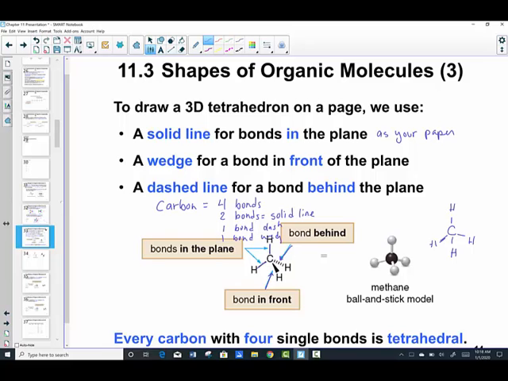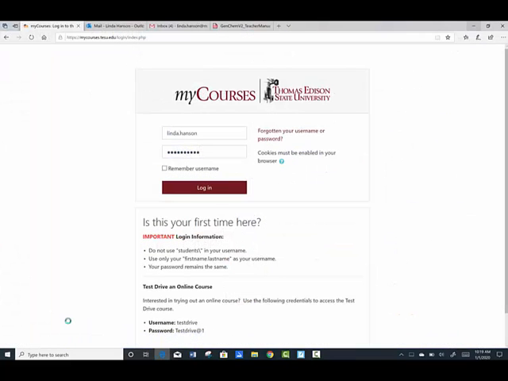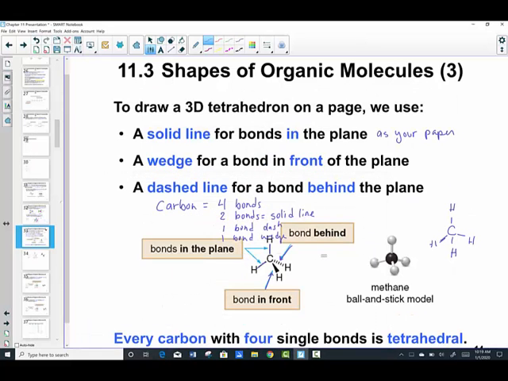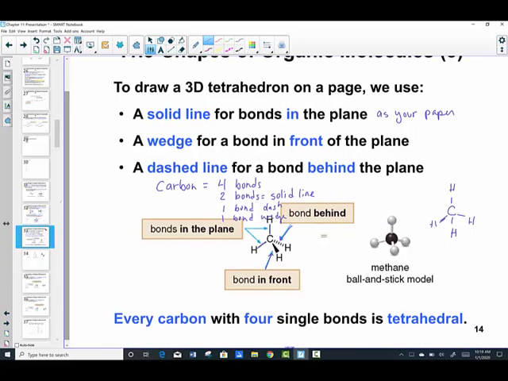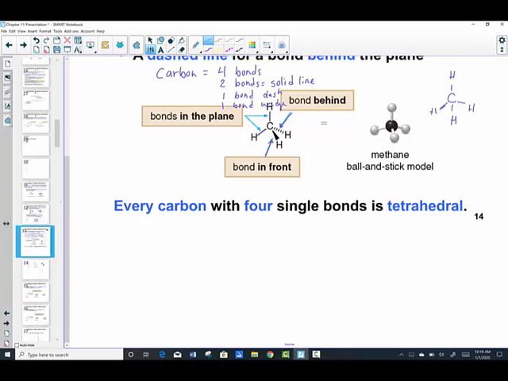And you can count on that kind of construction. So every carbon with 4 single bonds is called tetrahedral, and this particular paper is saying that we can draw those in terms of any atom coming out. 3 of the bonds will always be in the same plane.